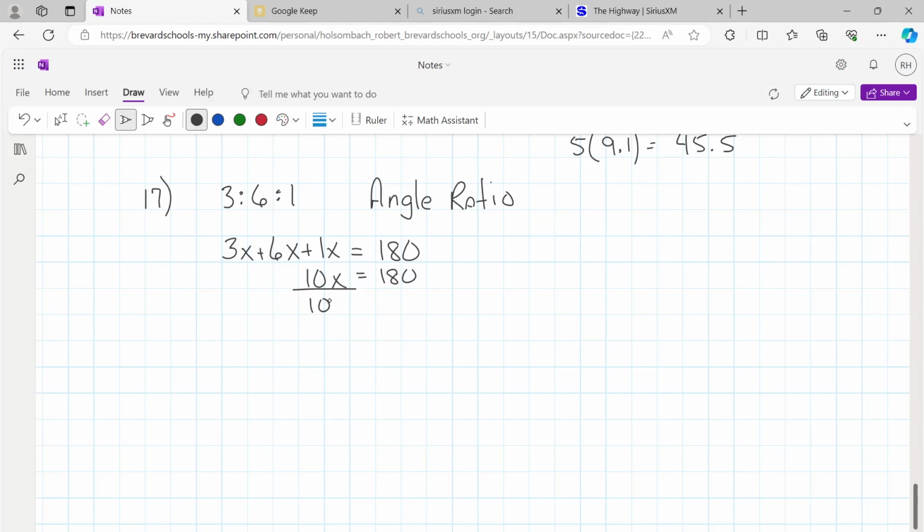Divide both sides by 10. We get an x that's equal to 18. X is what we call a multiplier. So we've got one angle that's going to be 3 times 18, another angle that's 6 times 18, and that third angle is 1 times 18.